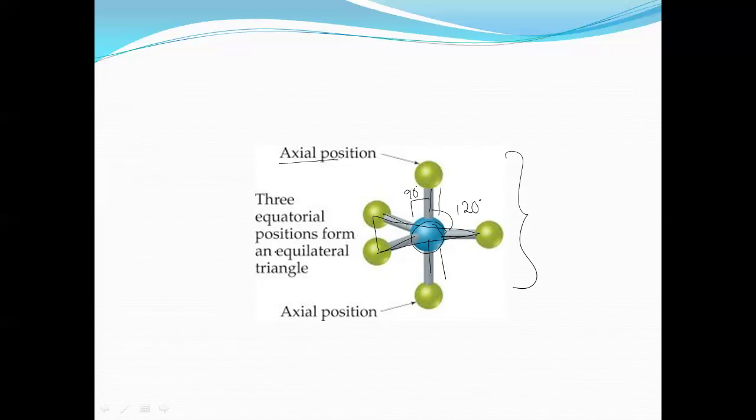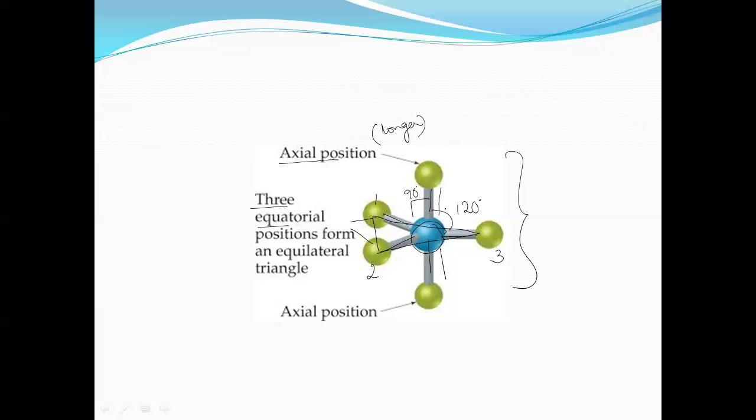So there are 3 equatorial bonds and 2 axial bonds in this trigonal bipyramidal structure, and the axial bonds are a little longer than the equatorial bonds. Everything is based on these equatorial and axial positions.